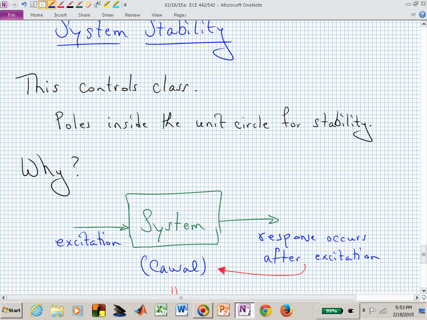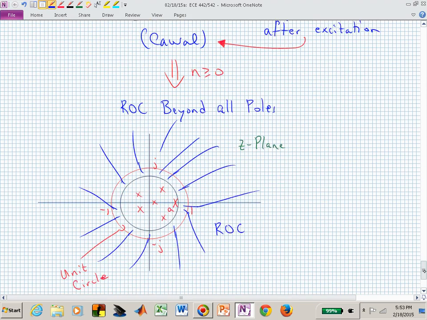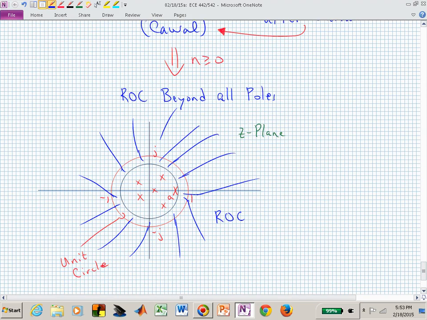So we excite them, we get the response after the excitation. That means we have a causal system, which means now our region of convergence is consistent with a causal time domain response, which means that it's always outside the outermost pole, which says now I do have the unit circle drawn on this diagram.